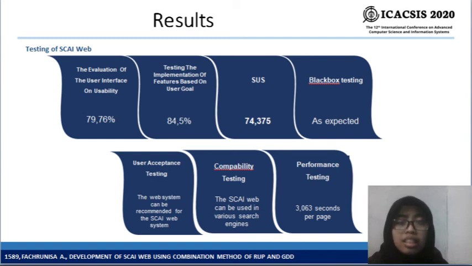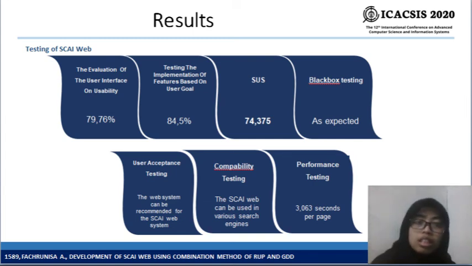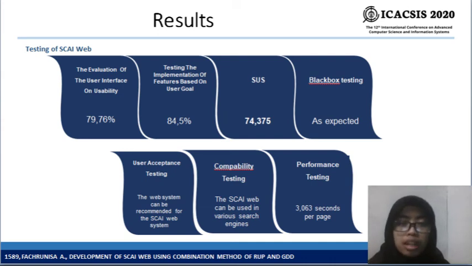This result is higher than the preliminary survey at 65.5%. Based on testing the implementation of features against the survey user objective, user satisfaction is 84.5%. This means that users are satisfied with the existing features.